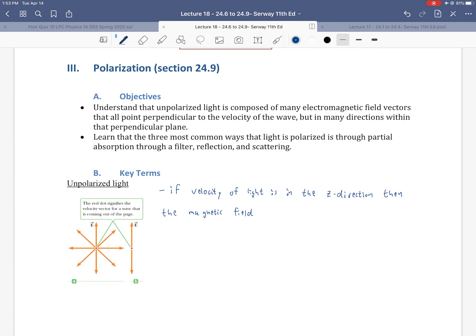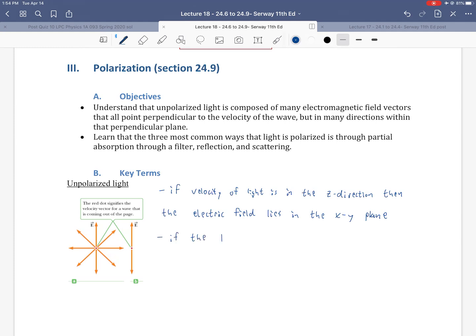Remember the way that we've drawn light as a perpendicular wave of electric energy, and then a perpendicular wave of magnetic, basically not energy but field, right? Which is a representation of energy over distance, but specifically the field. So velocity of light is in the z direction. The magnetic field, I'm going to say electric field, lies in the x, y plane.